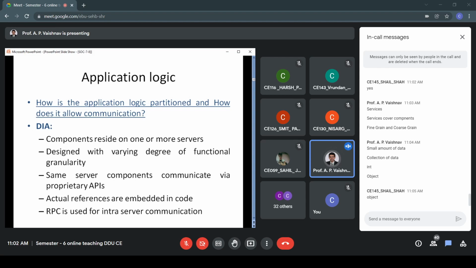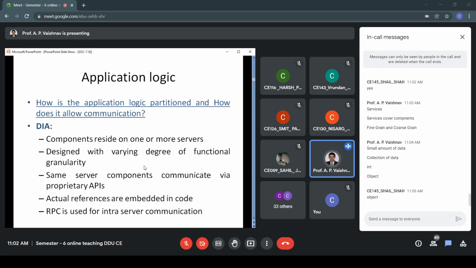It encapsulates your data. So in case of DIA, they were using different granularity. That means some components were fine grained, and the other components were coarse grained, right?